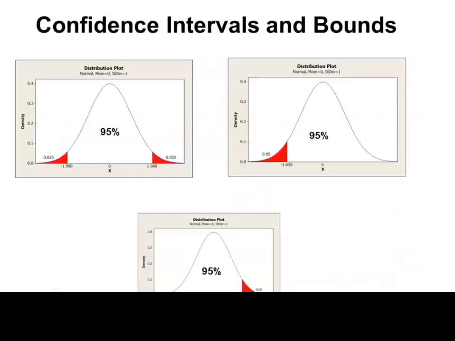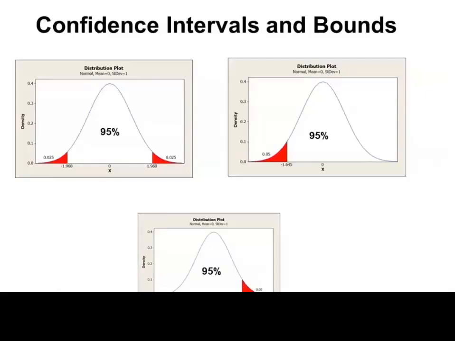Now, instead of constructing a confidence interval where there's a range that we define that contains the true value with 95% probability, therefore there's a 5% chance, 2.5% that it's bigger than the upper bound, and 2.5% that it's lower than the lower bound, many problems, including shelf life problems, typically use just a one-sided bound.